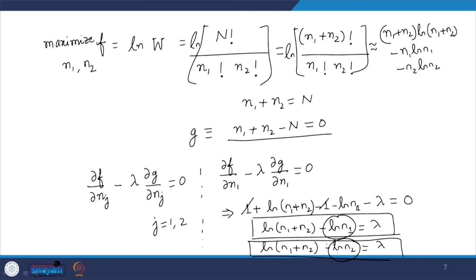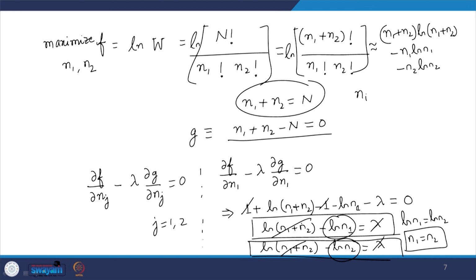If I simply subtract, these two will cancel, these two will cancel, and we will have ln n1 is equal to ln n2, that is n1 is equal to n2, and we already had this particular constraint. So, if n1 is equal to n2, we can clearly see that n1 is equal to n2 is equal to capital N by 2, because only then it will satisfy this particular constraint.